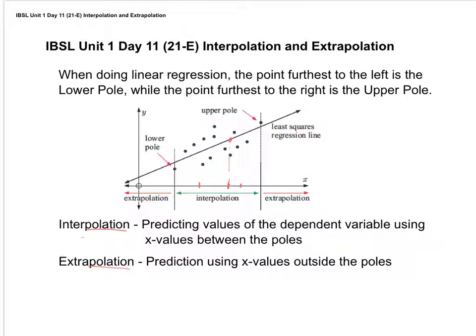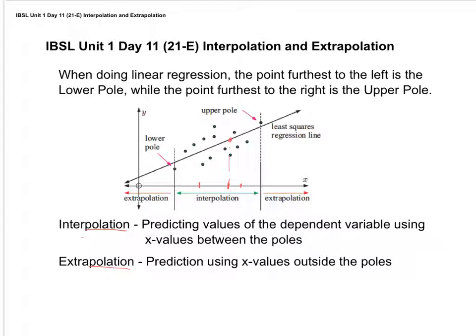And typically, a lot of times we'll use y for dependent. Independent, remember, is our x. Okay? Extrapolation, extra kind of means beyond, or outside of. Extrapolation is when we're predicting using x values that are beyond the pole on either side. Okay?